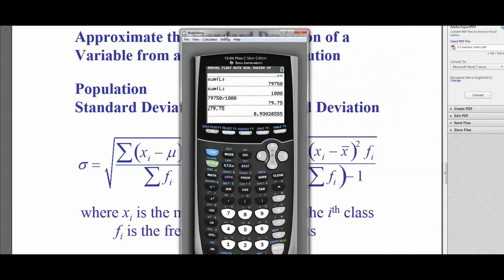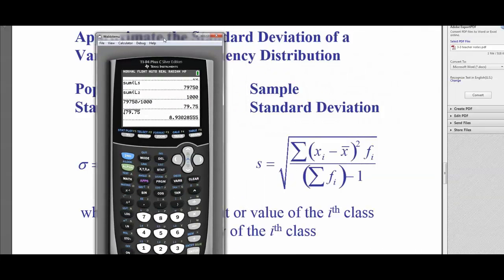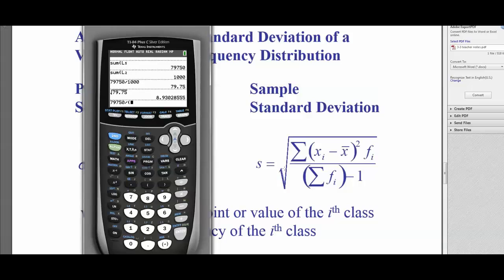Okay. Now, if we are dealing with a sample, how would that calculation change? Well, I would need the sum of L5 again, divided by, and then I'm going to put parentheses around this. And then down here, it would be the sum of the frequencies minus 1.